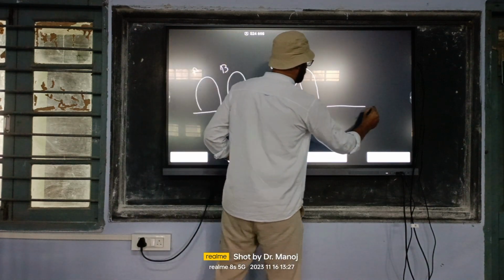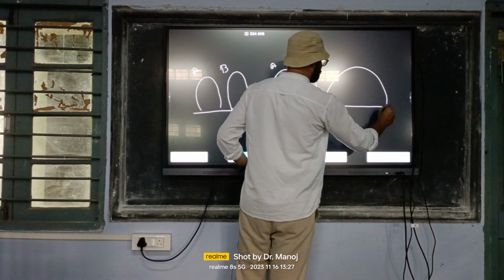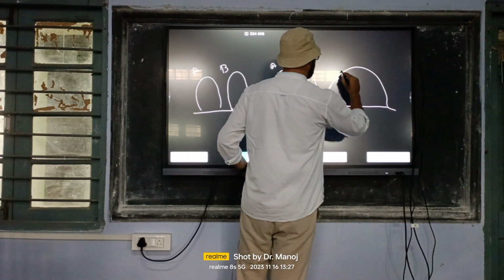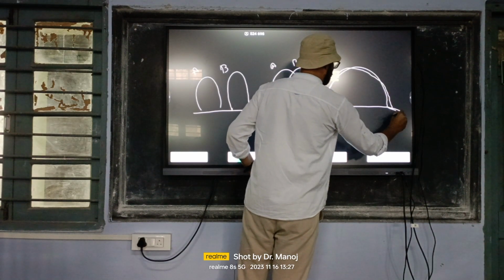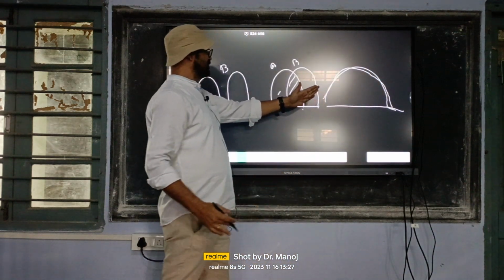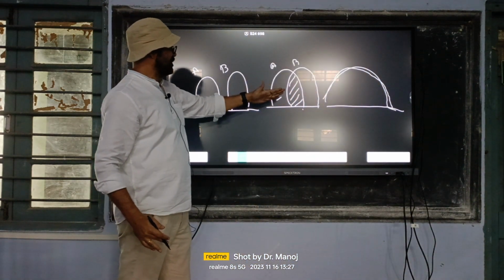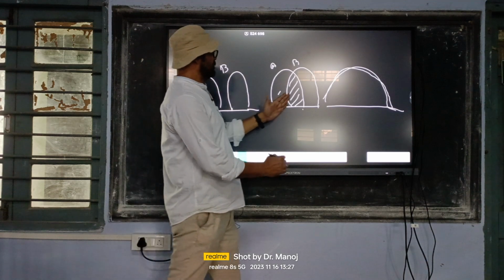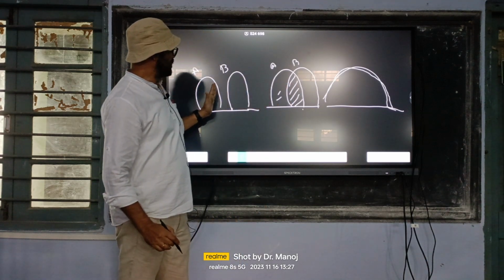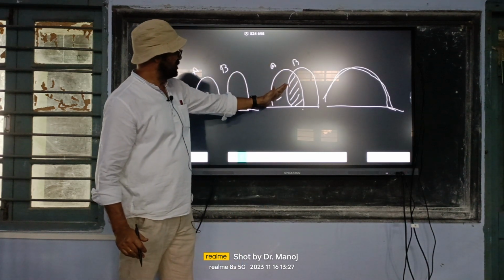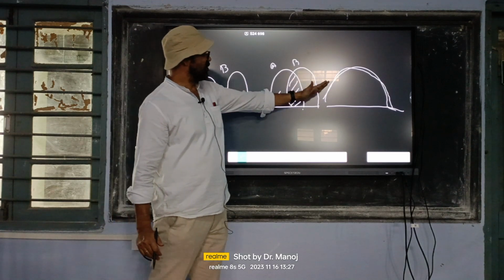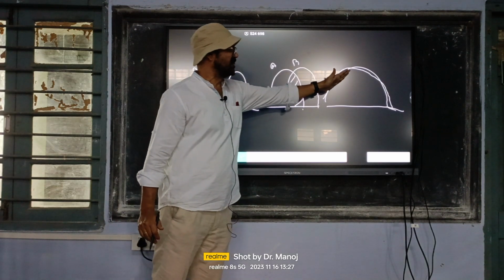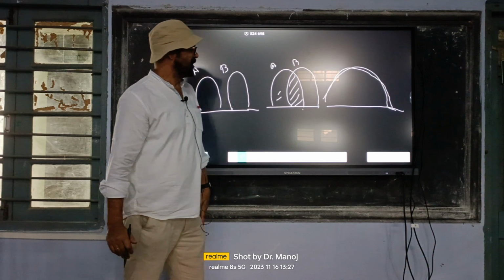And sometimes you may get the fundamental niche of one species completely within the fundamental niche of another species. So you may get three types of instances in nature: niches are separated, partial overlapping, and the fundamental niche of one species completely within the fundamental niche of another species.